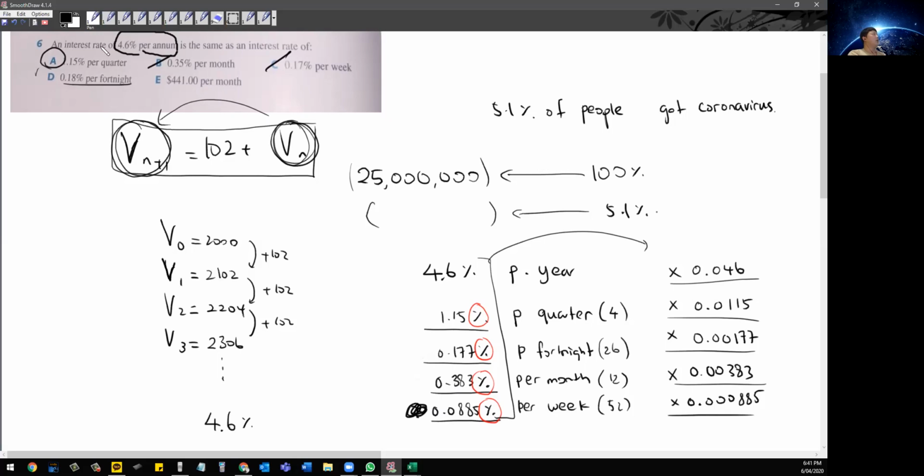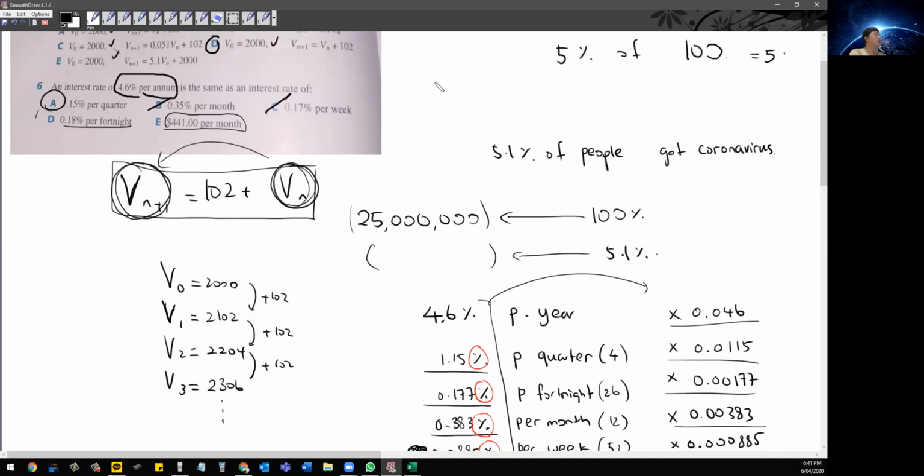And E is definitely wrong because they haven't mentioned what the original figure is, how much you have. Having this in a dollar figure is completely wrong. It depends on what the original money is. If you have $1,000, then it'll be $46 at 4.6%.